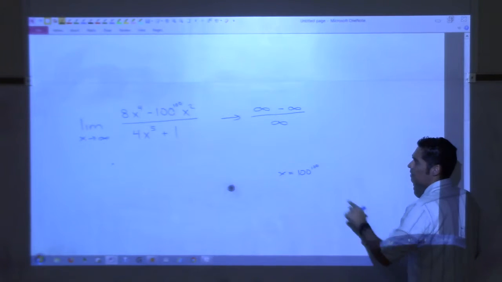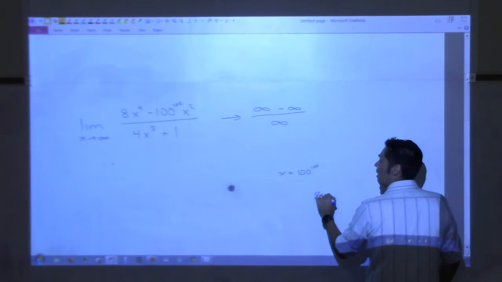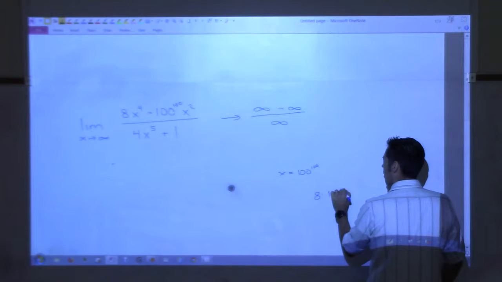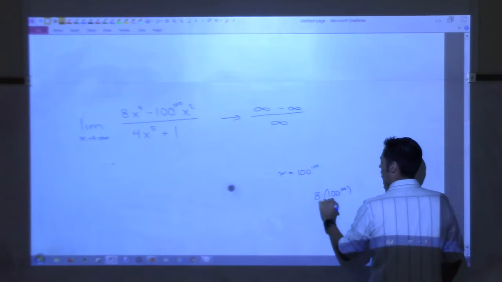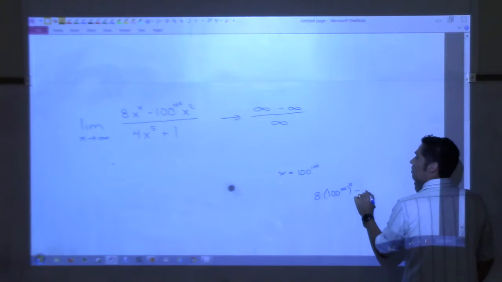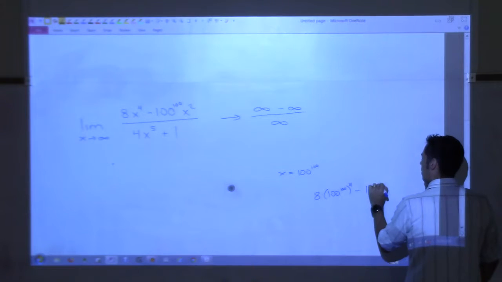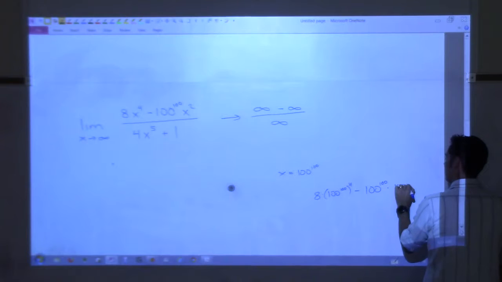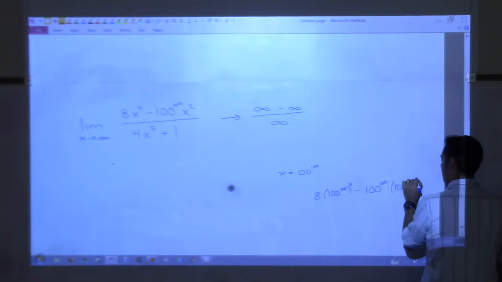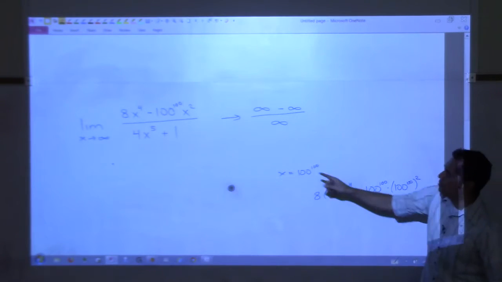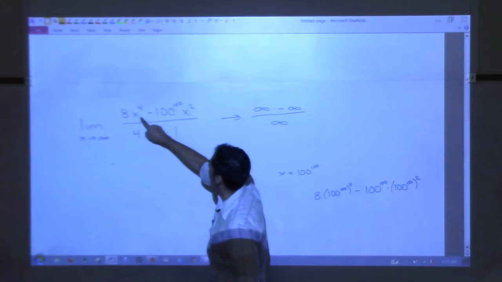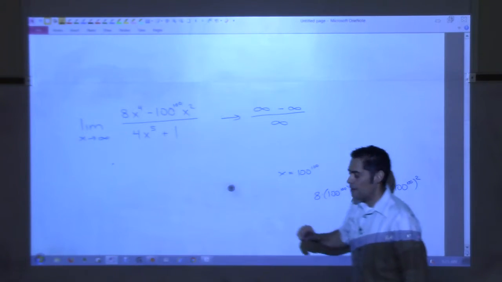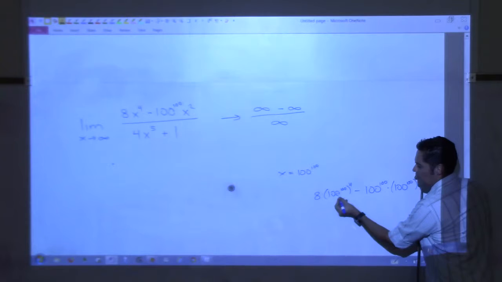If it's going to infinity, then that will be 8 times 100 to the 100, all to the fourth, minus 100 to the 100 times 100 to the 100 squared. Do y'all see that? That's me replacing this x with 100 to the 100 and this one with 100 to the 100, yes?